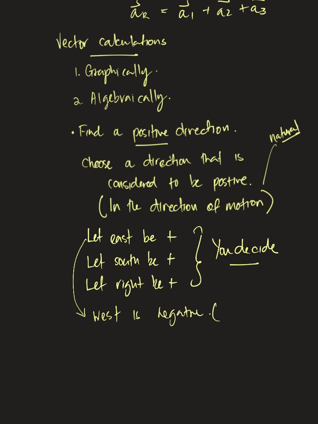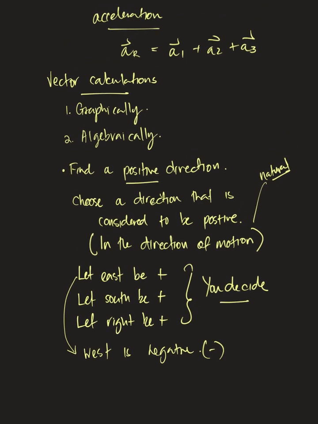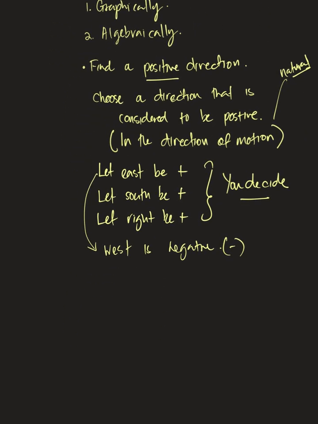This helps me because if west is negative, when I do these vector additions, I'm going to have negative values. If I said let south be positive, then north is negative. So whatever you decide will be positive, the opposite of that will be negative. So when we're doing any of these vector additions, you need to start thinking about what you would consider a positive direction or a negative direction. Right? Everything else will follow after that.